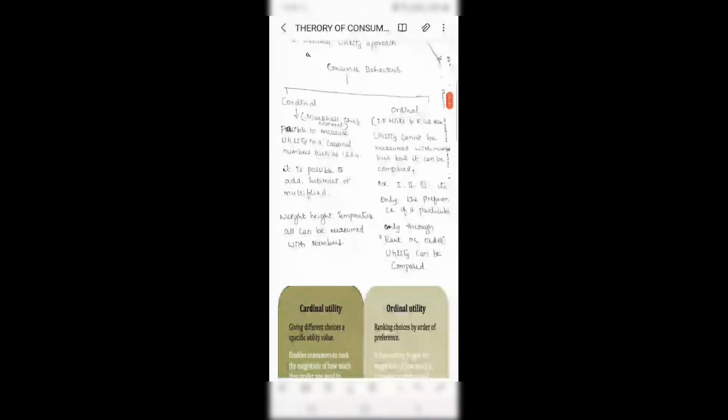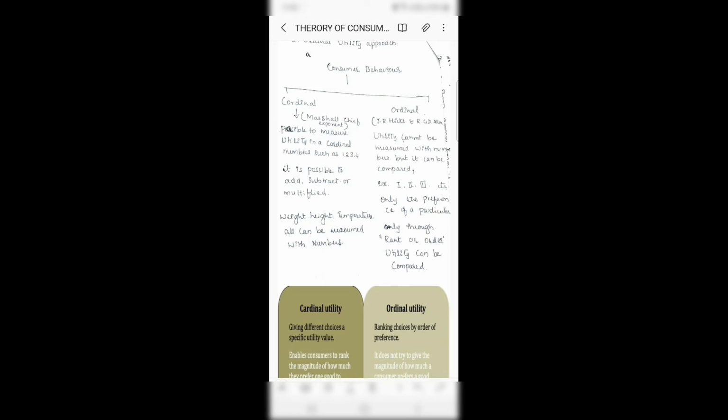Hicks and R.G.D. Allen. Cardinal approach means it is possible to measure utility in cardinal numbers such as 1, 2, 3, 4. It is possible to add, subtract or multiply. Here we can take the example of weight, height, temperature, all of which can be measured with numbers.